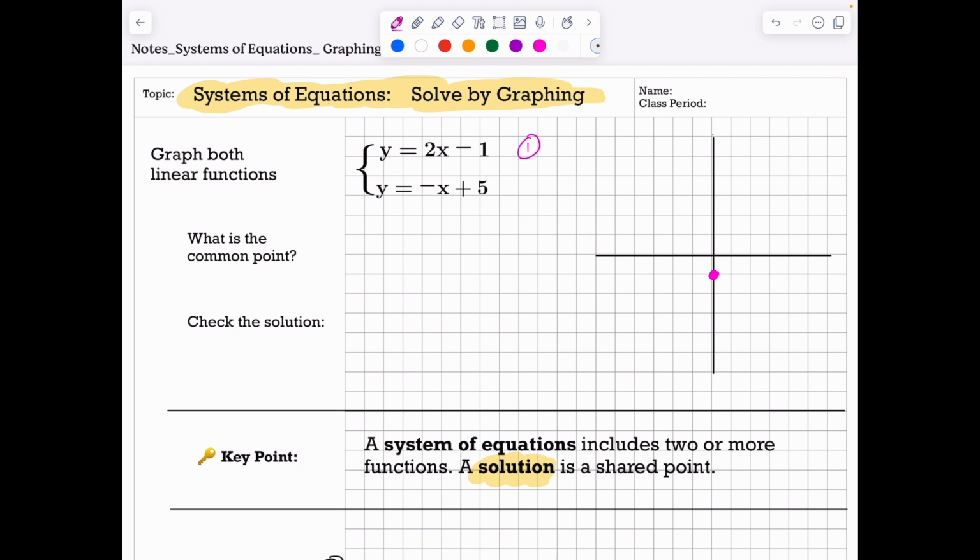And then I use the slope to find another point. So up 2 over 1. Have a positive slope. Again, up 2 over 1. I'm finding a bunch of points. I can also go down 2 and to the left by 1 to find more points. And you don't have to find this many.